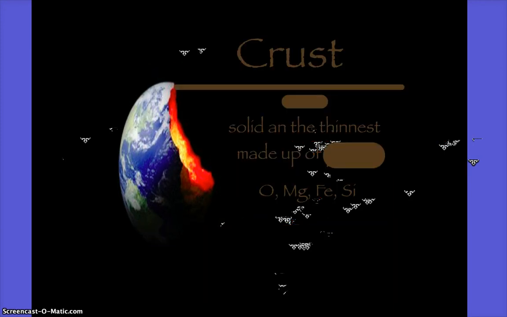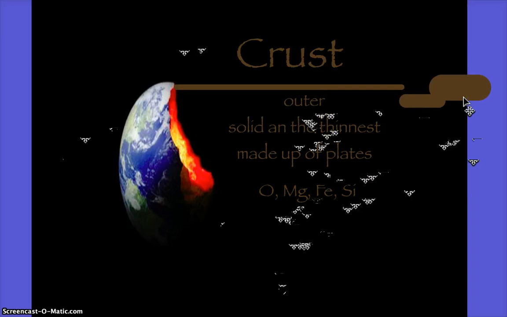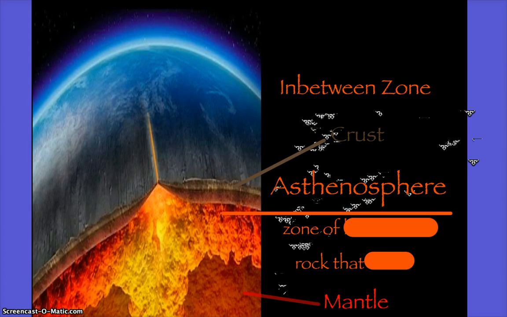Then we've got the crust, which is the outermost part of the geosphere, which is made up of plates. What do we call these plates? Tectonic plates. And we're going to talk about those a little bit today. Because the three layers of the geosphere are core, mantle, and crust, I kept them in that order. But in between the mantle and the crust, think about this.